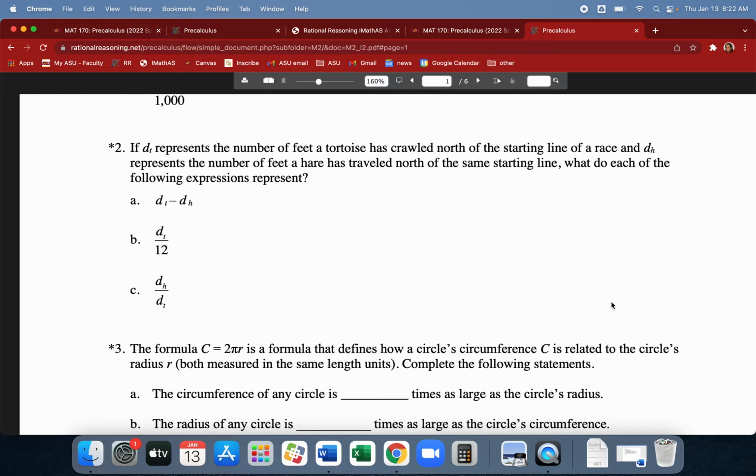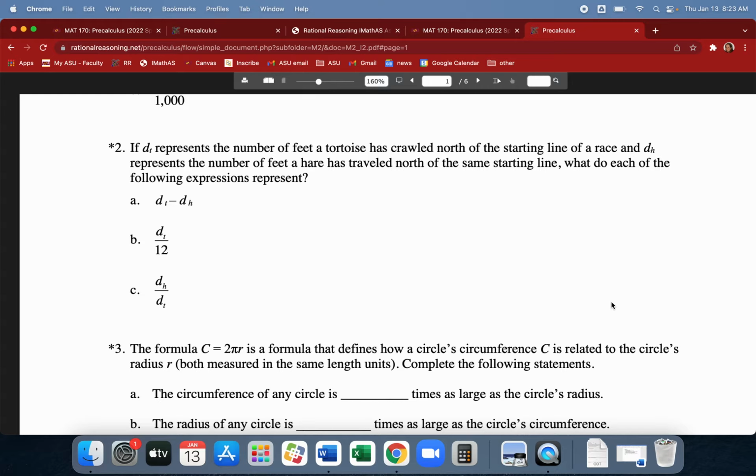Drawing something, as non-artistically skilled as that, you might even realize, oh yeah, it's not the distance between them, it's who's farther from the starting line, and how far ahead is one of the other relative to the starting line. It's not how far apart they are, unless they started in the exact same spot and are moving forward like that, which is not usually how races work. This is how much farther one is relative to the other.